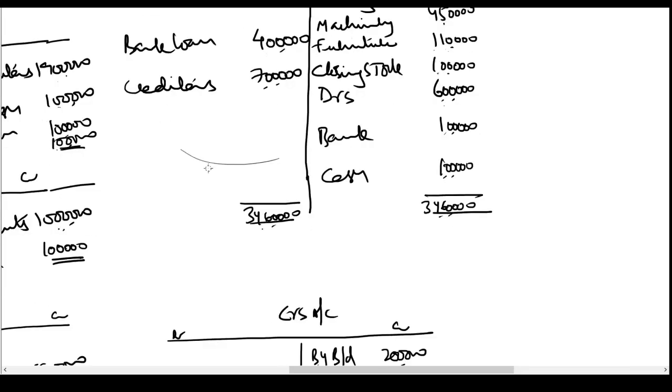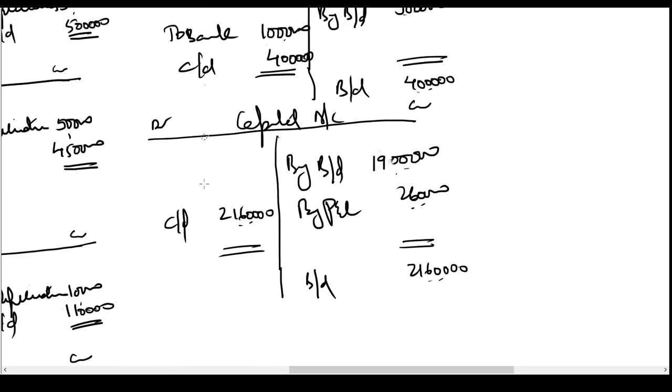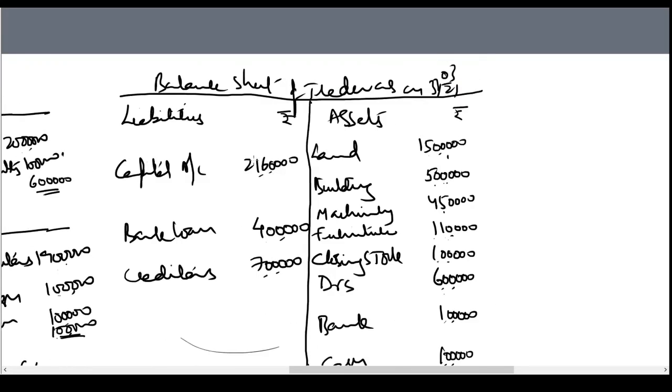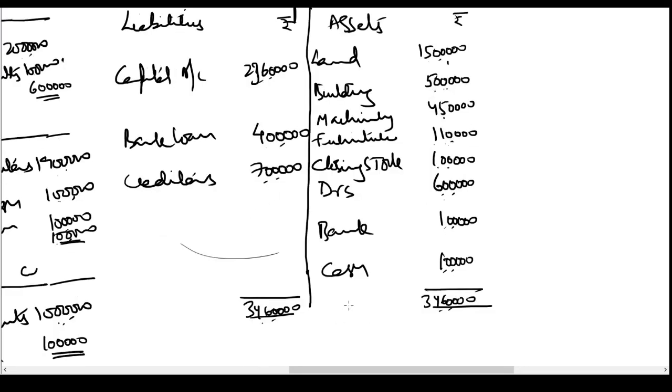Maybe in the capital account there is one more entry which we have not recorded here. We'll just write one more entry in the capital account. By bank 2 lakh rupees, 23,60,000. So we'll see whether the balance sheet is tallying now. 23,60,000 plus 11 lakh will be 34 lakh 60,000.